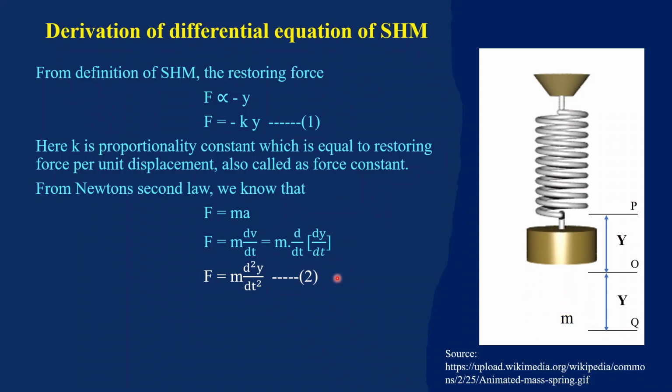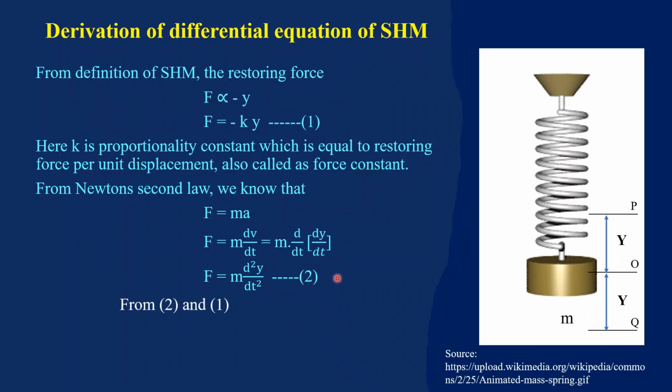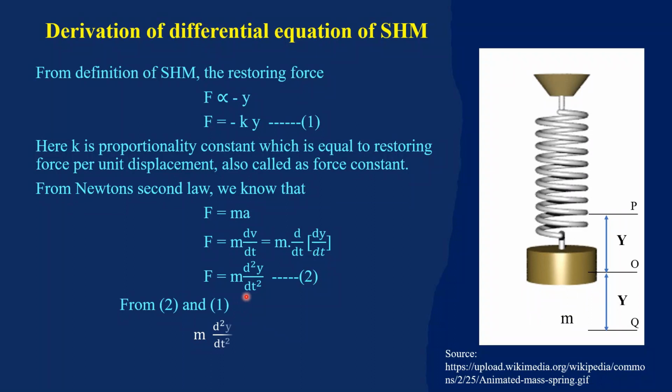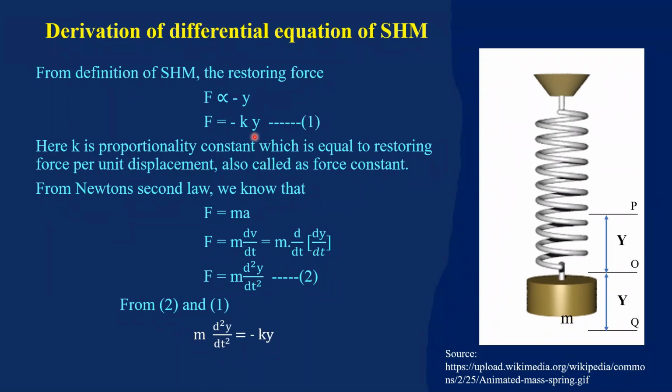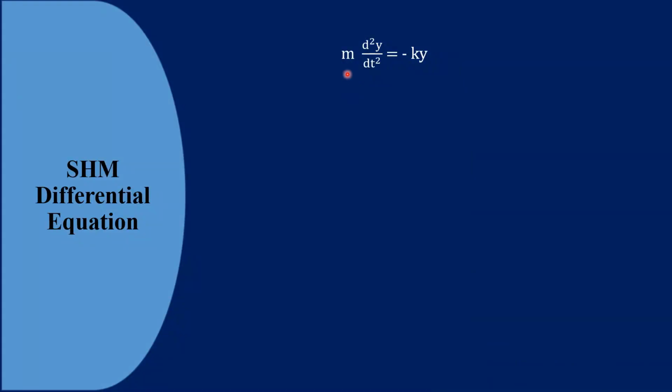From these two equations, we can write m into d square y by dt square is equal to minus ky. If m goes to this side, then d square y by dt square is equal to minus k by m into y. Say equation number 3. Now let us take k by m as omega square. Then omega is equal to root over k by m.